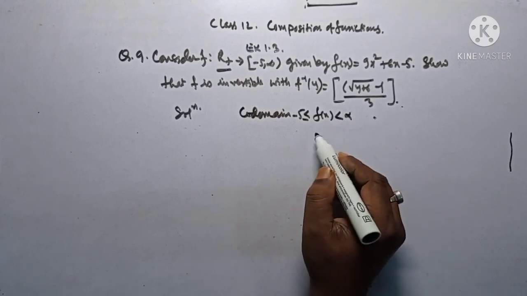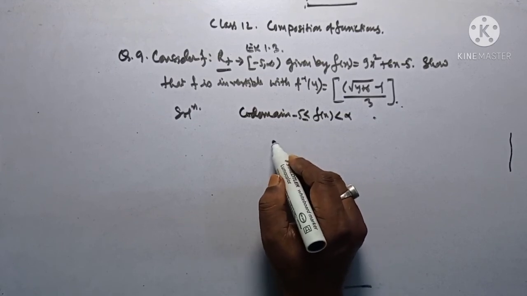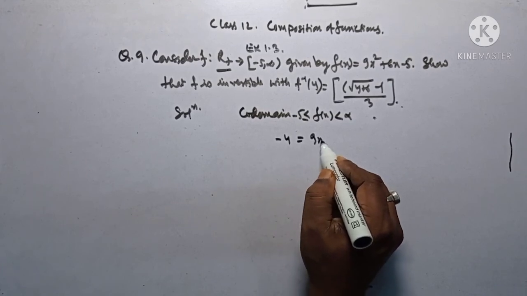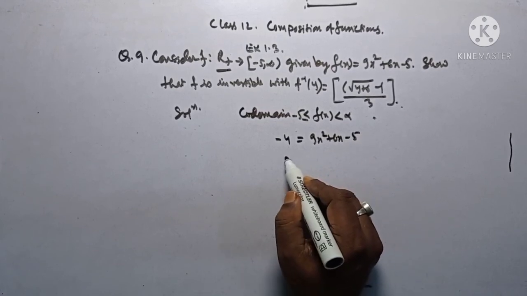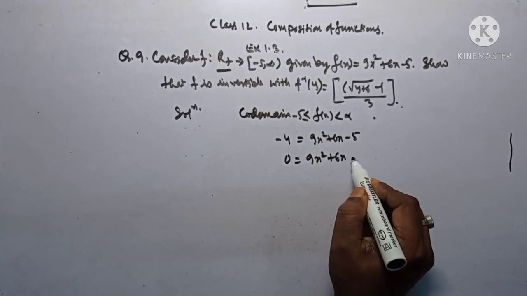Therefore you select any y greater than -5. Let me select -4. So this will be equal to 9x square plus 6x minus 5, so this will be 0, equal to 9x square plus 6x minus 1.